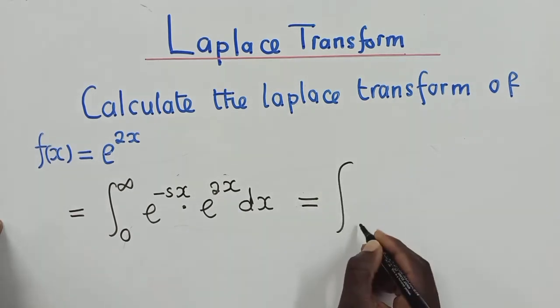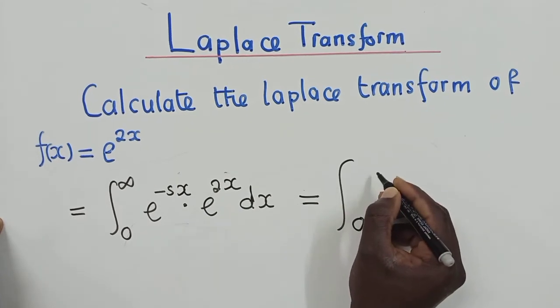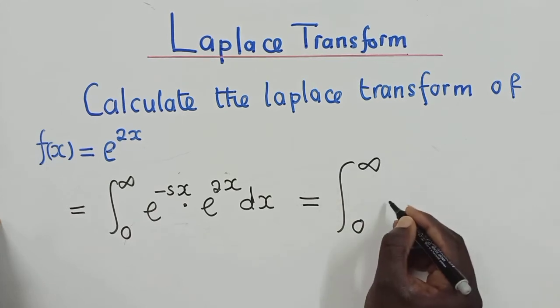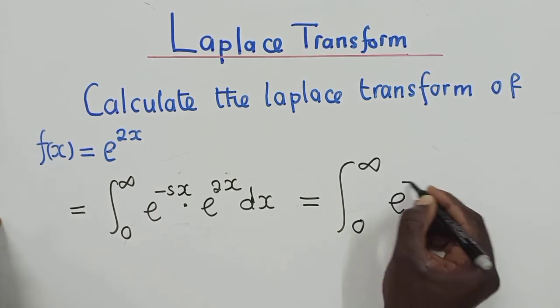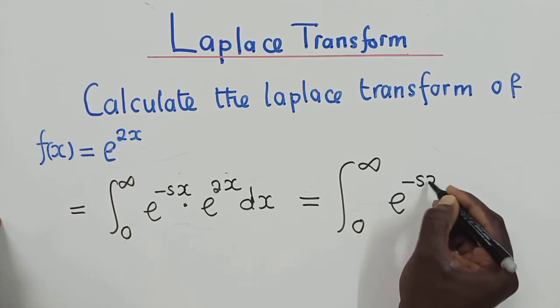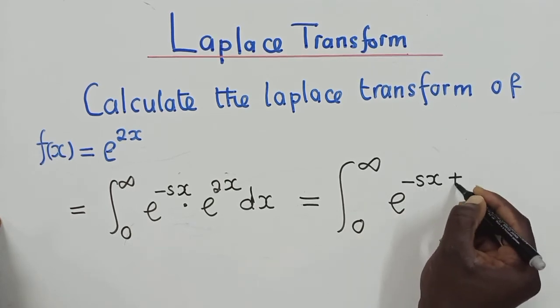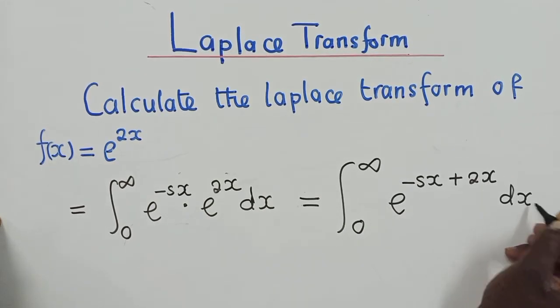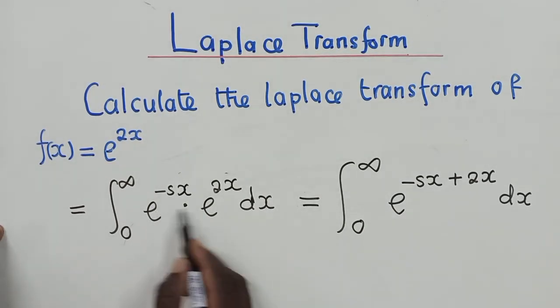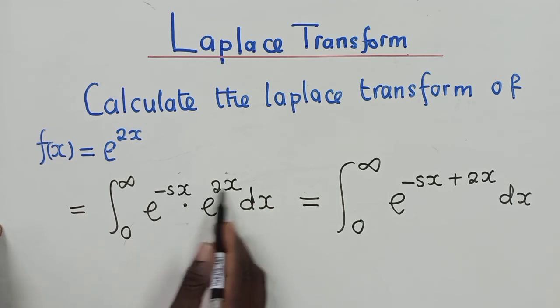So we can now write it properly so that the integration is done properly. With the laws of indices here, we add the powers, and then we say dx. When the bases are the same, what do you do to the powers?